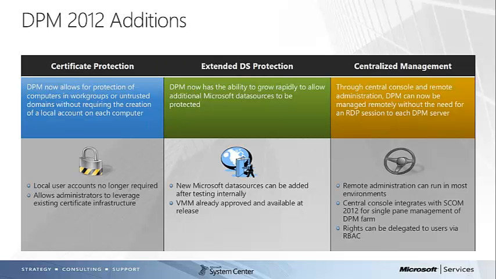Some of the new additions: we have allowed for certificate protection for untrusted domains or workgroups, where we can use a certificate instead of a local user account, which takes away some of that management process. We've extended our data source protection, and at this point we've added VMM protection.